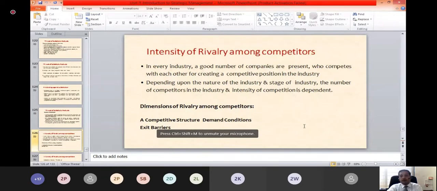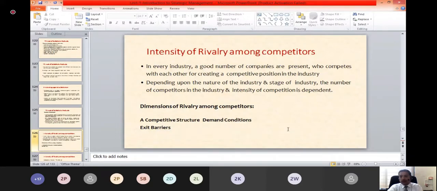So the next force, which is described by Porter's 5 model, is intensity of rivalry among the competitors. So what is the intensity between the competitors? The company will get affected by this kind of force in an industry, which can determine the attractiveness of the company.